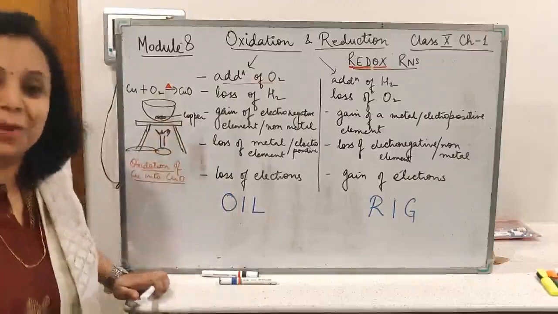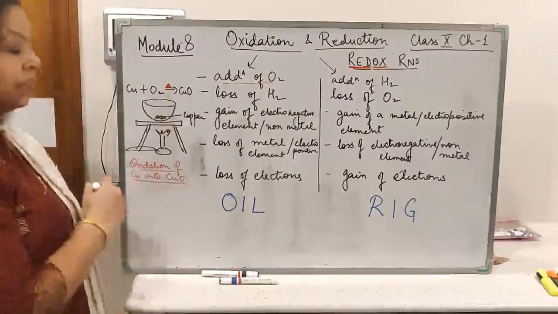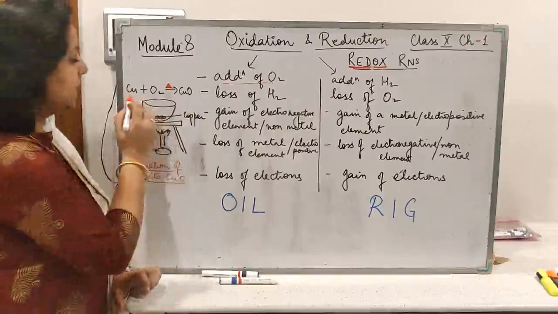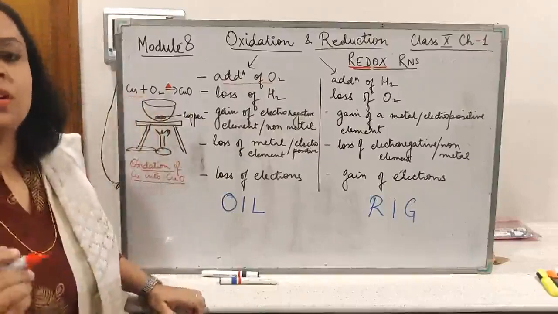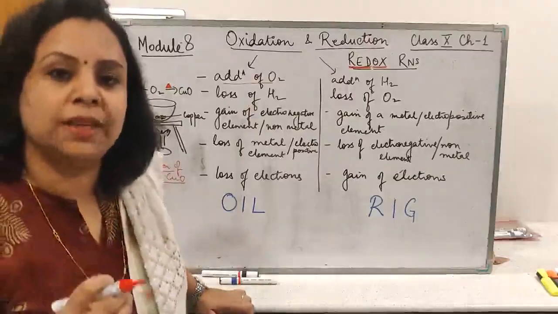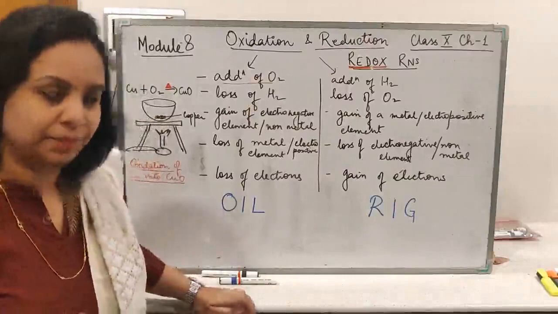We can say it is a combination reaction also, but apart from that, we can also say that copper is oxidized, or oxidation of copper to copper oxide is taking place here.